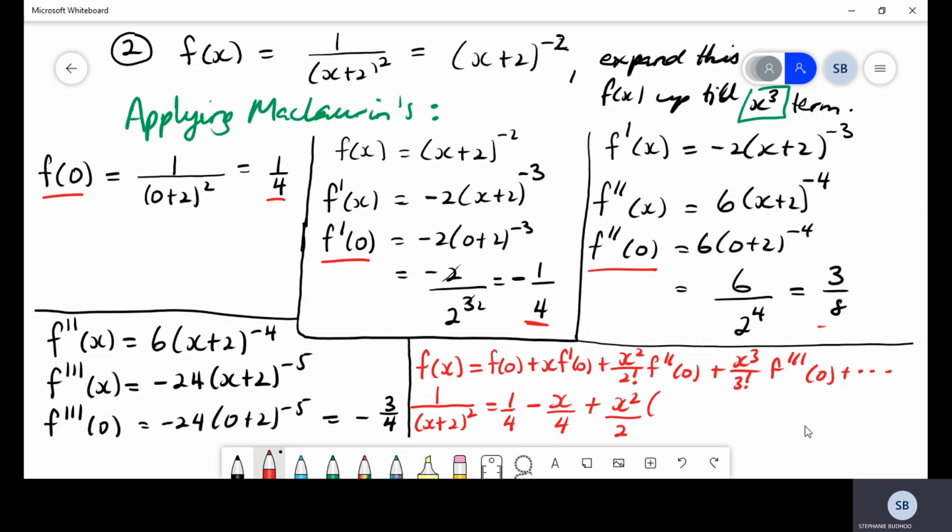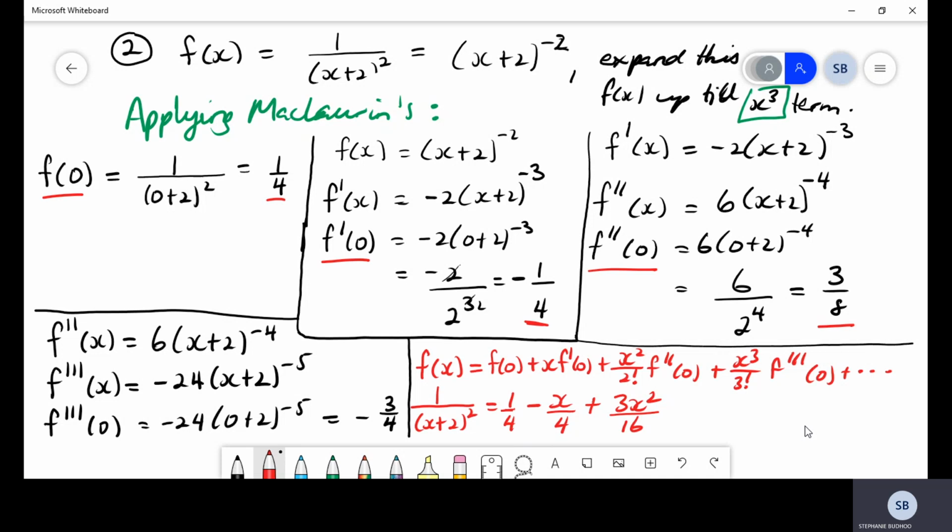Our second derivative was given by 3/8, so that's 3 over 8. So I'll bring this denominator to 16 and I'll write 3x squared over 16 instead. Okay, so I'm going to write 3x squared over 16.